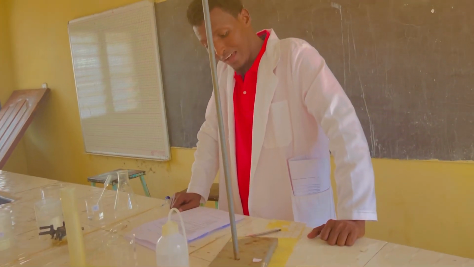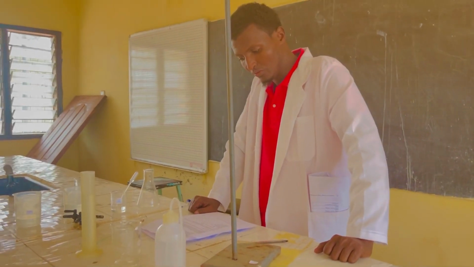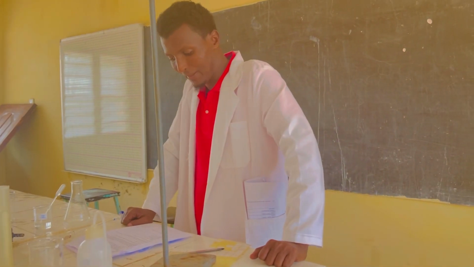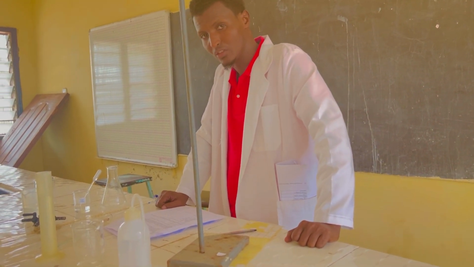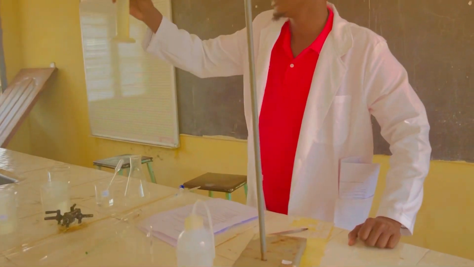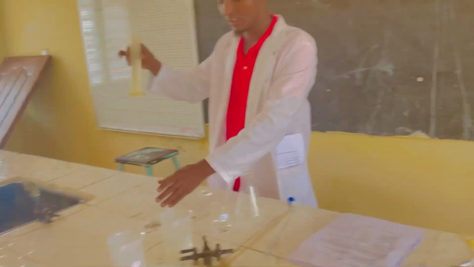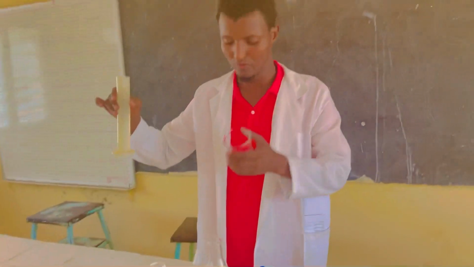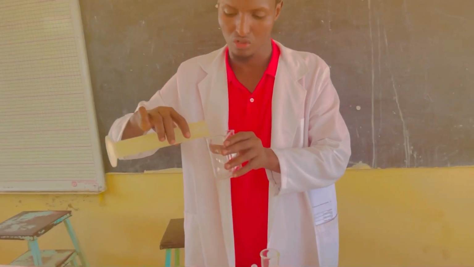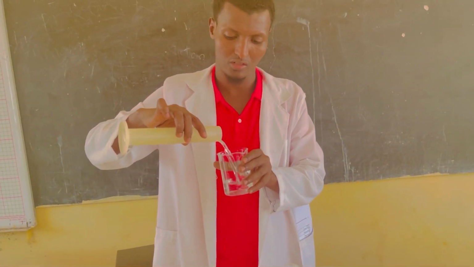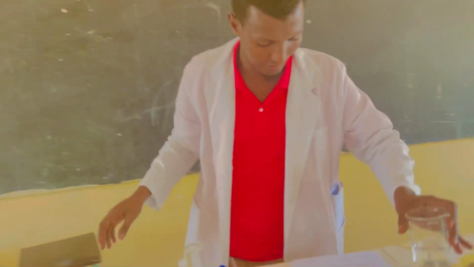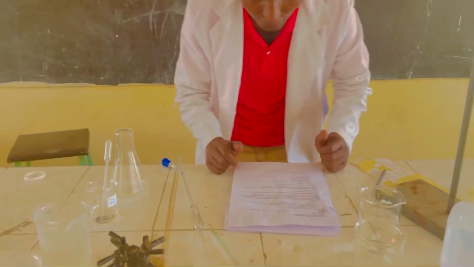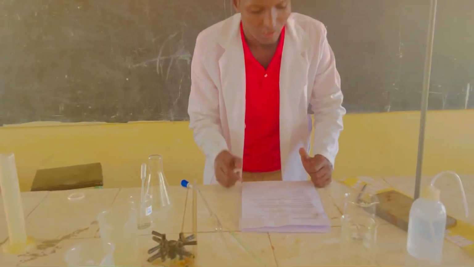Now transfer all the solution into a 250 cm³ beaker, shake well, and label this solution W. So this is my 250 ml beaker. I'm transferring the solution in the measuring cylinder here. After that, I will shake.